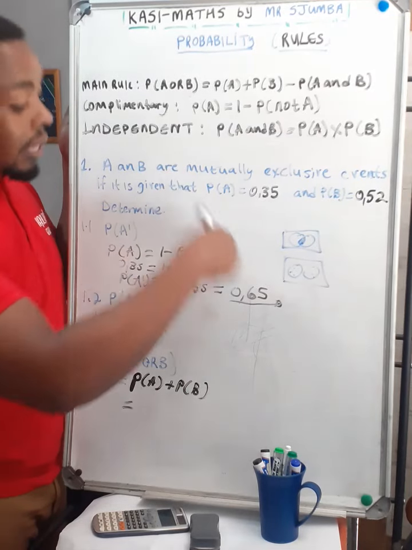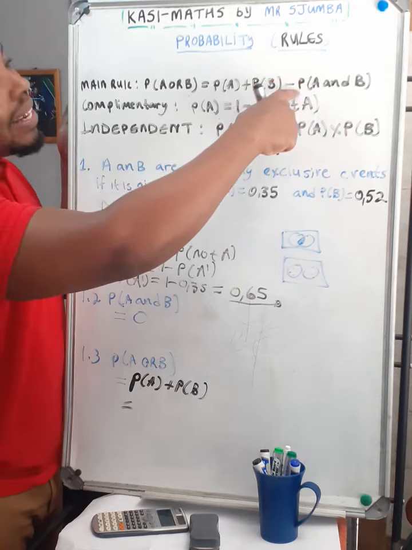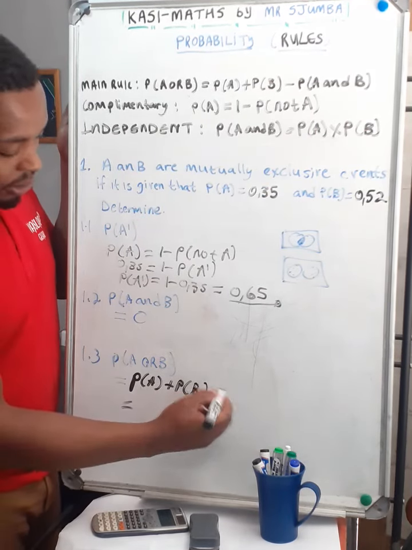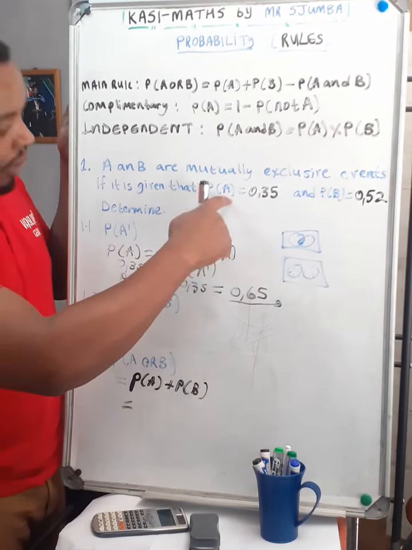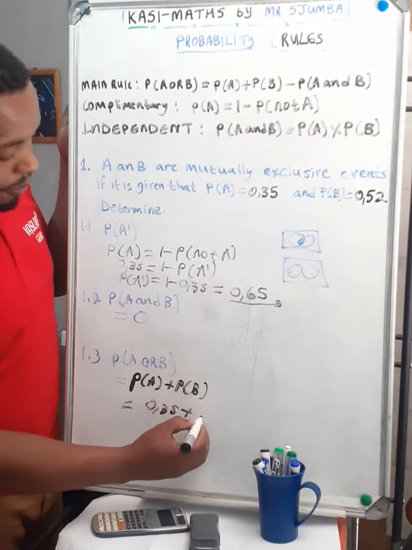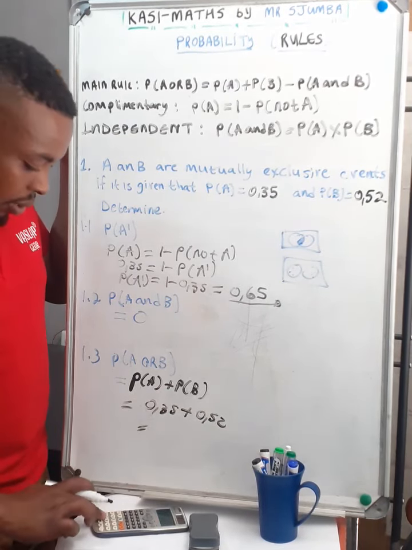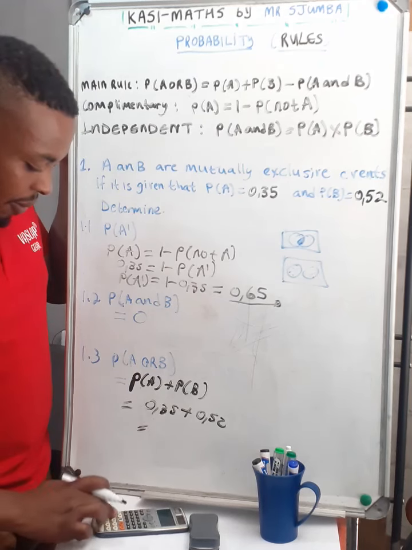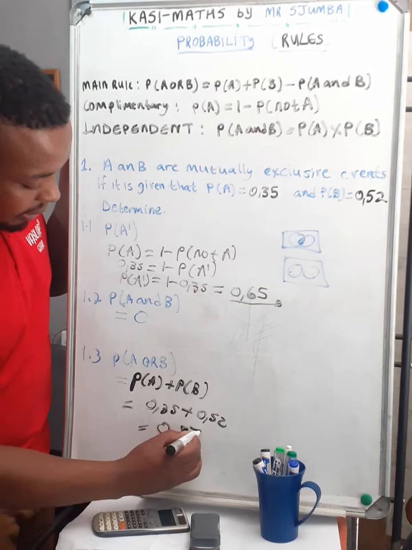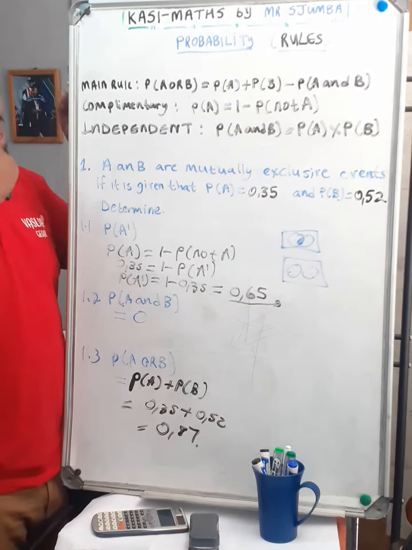The main formula is the probability of A plus the probability of B minus the intersection. Since the intersection is 0, it's just going to be minus 0. So the probability of A is 0.35 plus the probability of B is 0.52. This totals 0.35 plus 0.52, so 0.87. So this is how we answer our question.